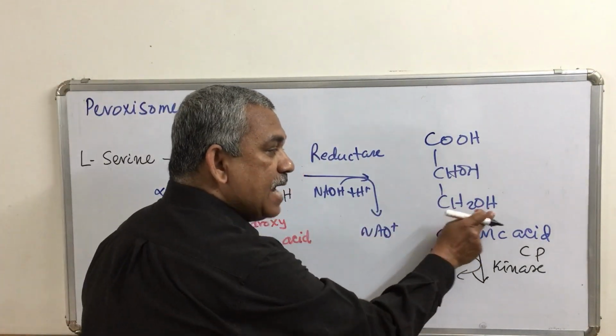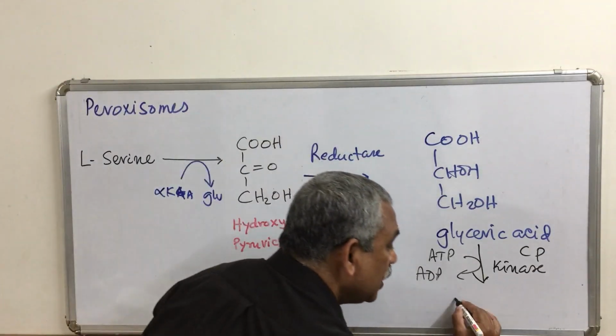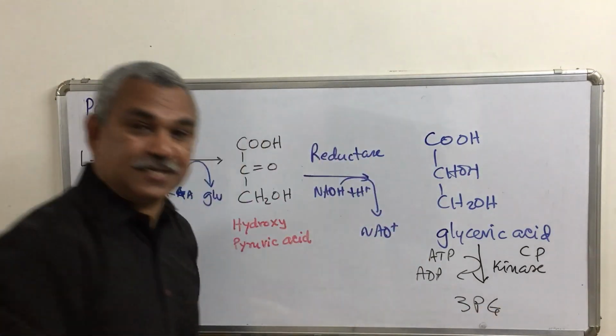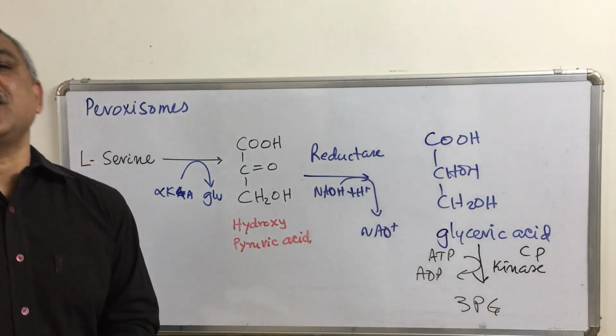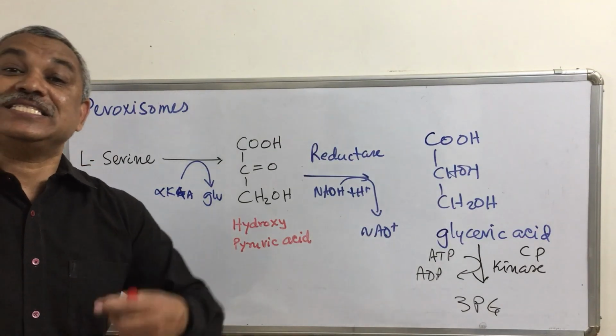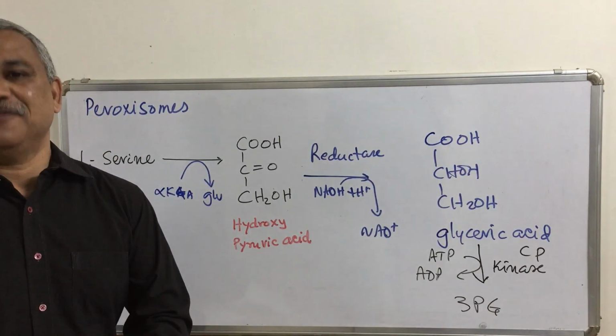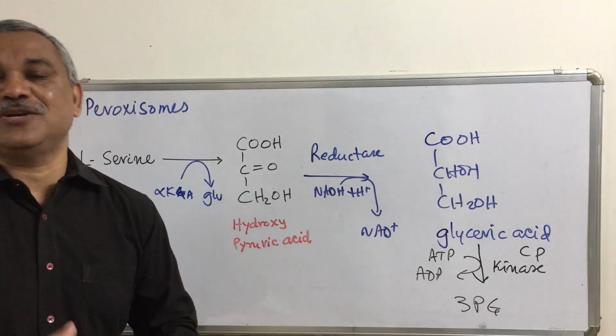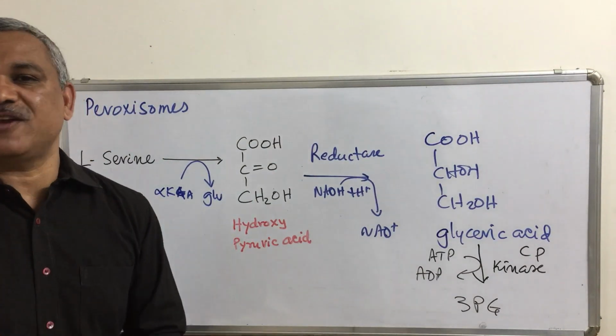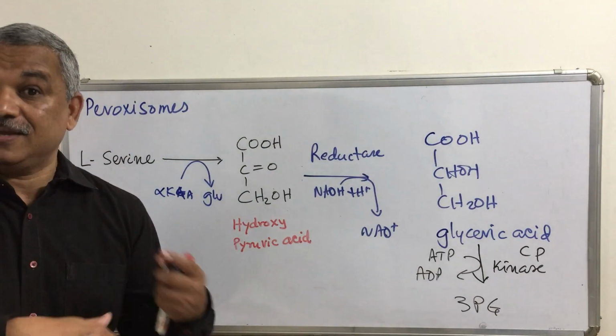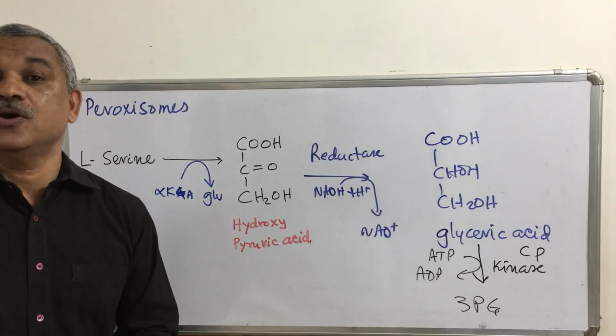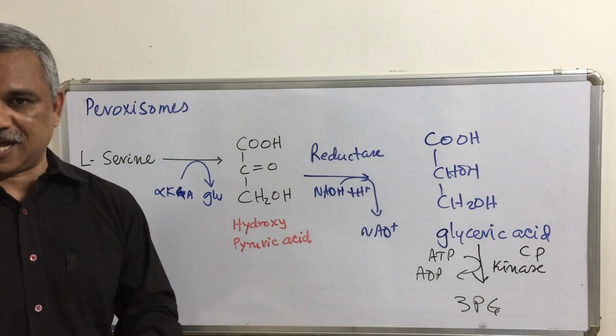So phosphate will be added here. You will have 3-phosphoglycerate. And this is the 3-phosphoglycerate that is again used for the formation of ribulose 1,5-bisphosphate in the regeneration step, or for the formation of starch.